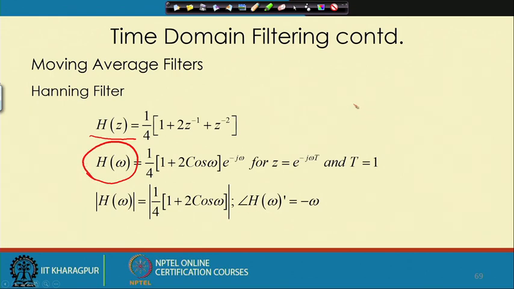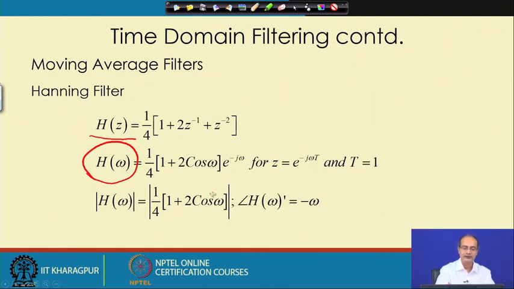That means we are taking z equal to e to the power j omega, just looking at the value of the transfer function on the unit circle, and for t equal to 1, this is the value. So, we get here 2 parts of it: the amplitude response and the phase response.